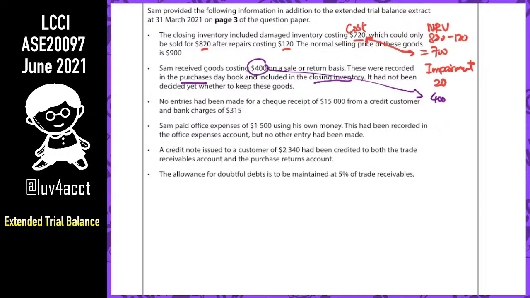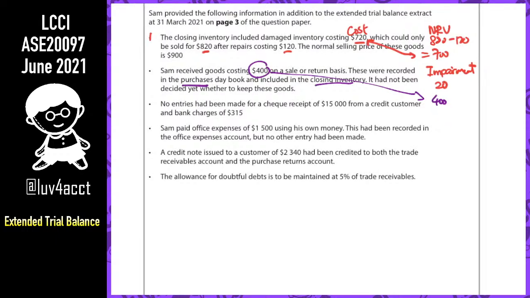Next, we have to deal with the allowance for doubtful debt. We can see item 1, item 2, and then 3, 4, 5, 6.